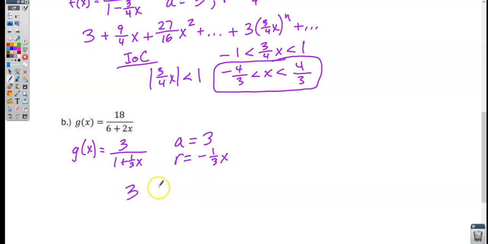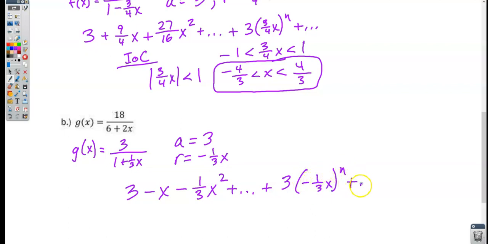The first term is a, the next term is a times r, the next term is a times r squared, etc., etc. The general term here is going to be a times, oops, I should have written 3, since 3 is my a, times r to the n power. And there's a series that represents the function 18 over 6 plus 2x.